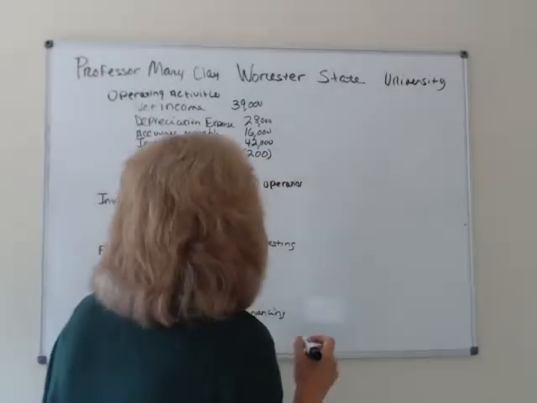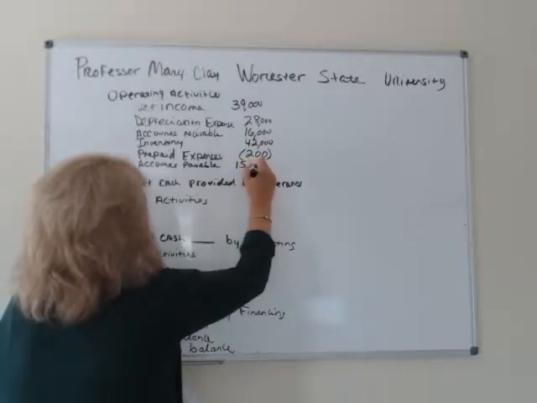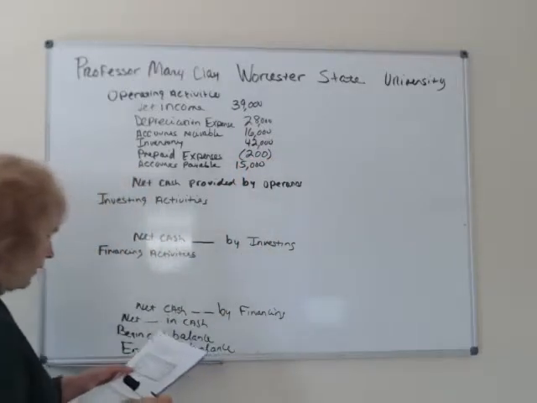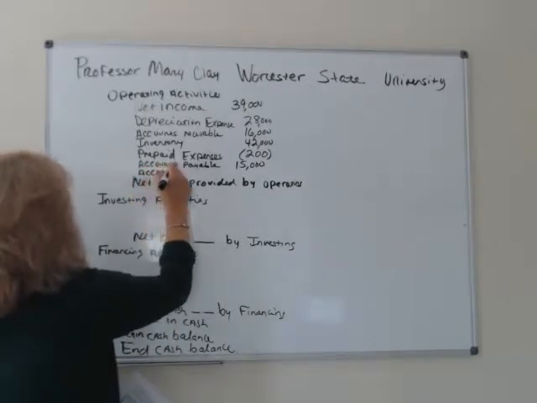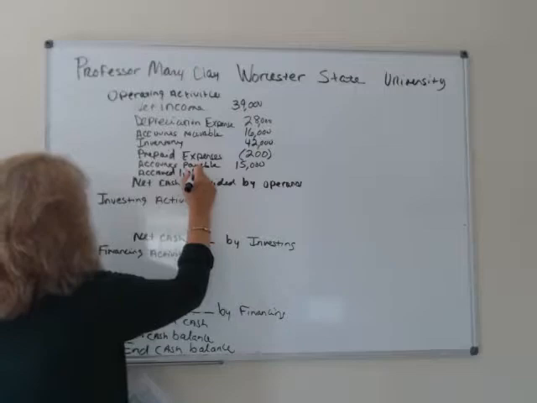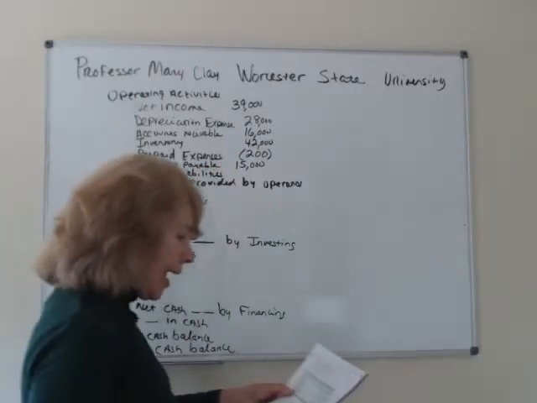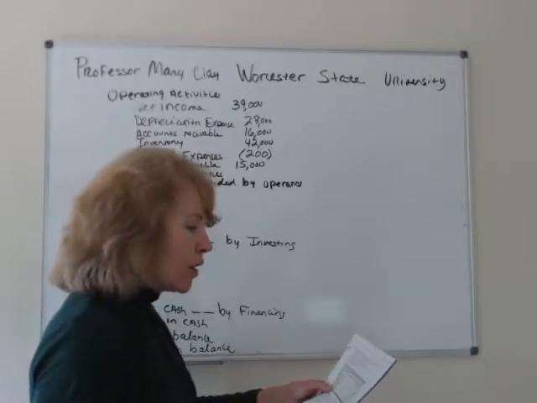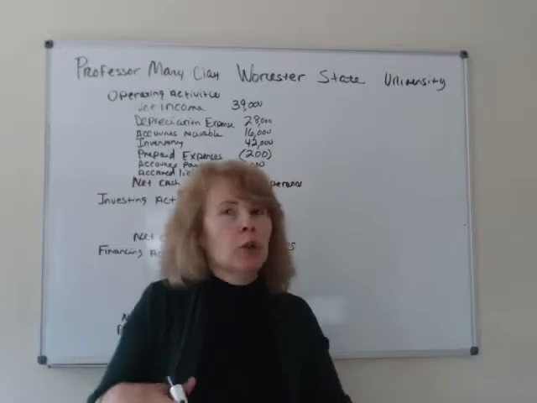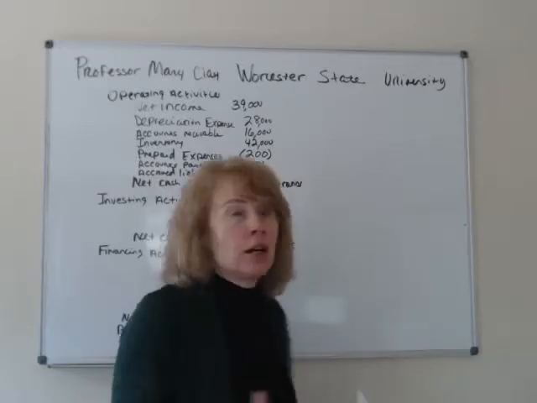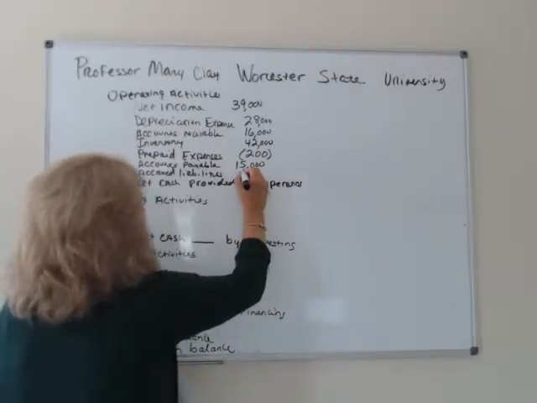All right, so accounts payable, I show positive 15,000. Next, I go to accrued liabilities. Also a current liability. I look, what happened? Well, the change was positive 55,000. It's logical. It will show exactly as it appears. So I do accrued liabilities, positive 55,000.